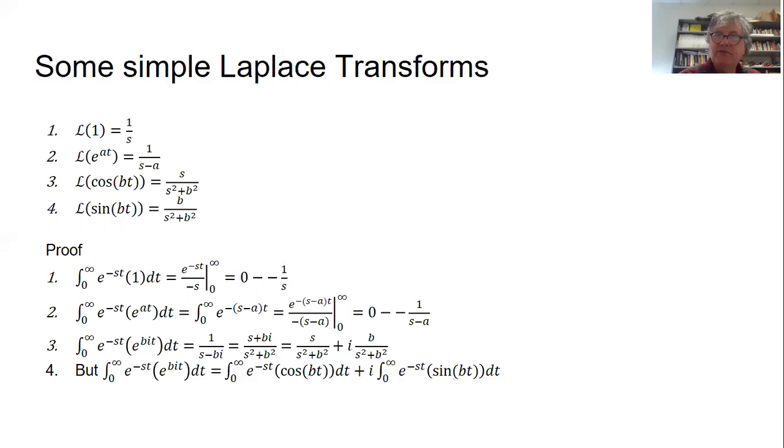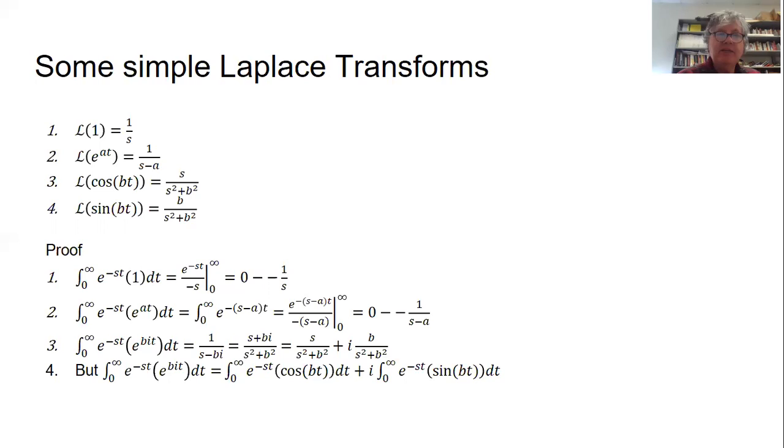As t goes to infinity, the exponential outweighs the s on the bottom, and so that's 0. So you just get minus 1 on s times minus, so you get 1 on s. If you were worrying about the domain, of course, you would have s greater than 0.